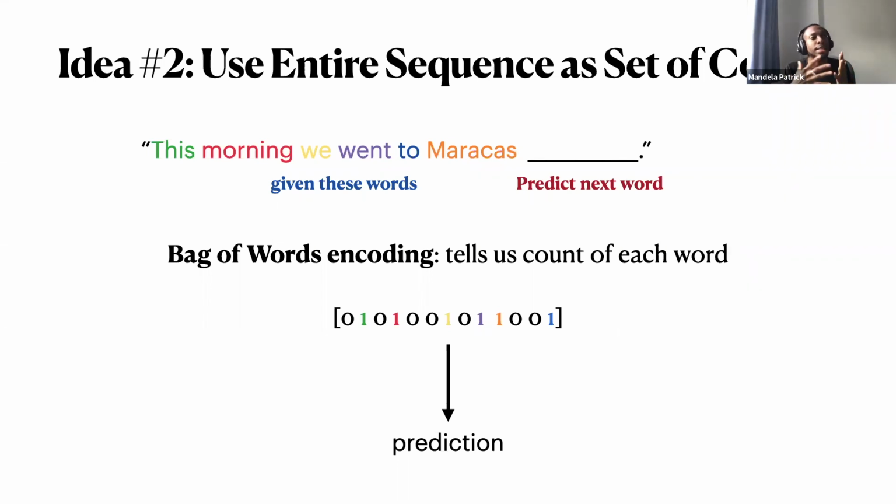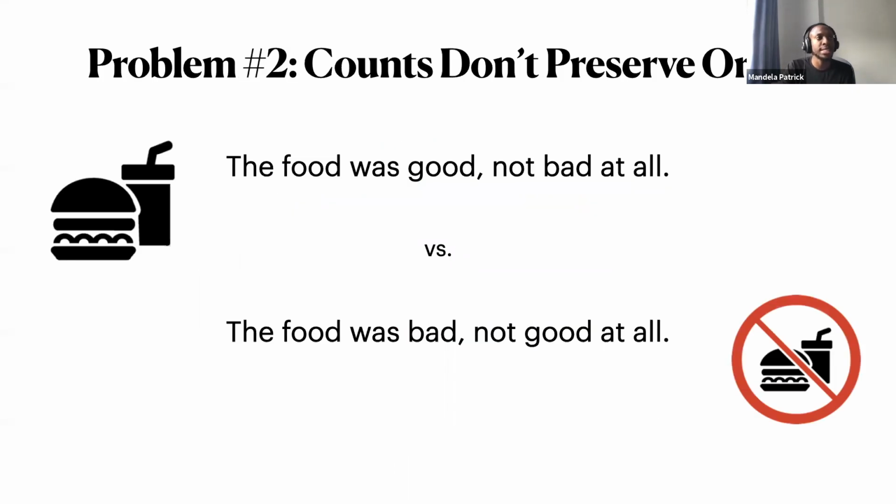And if the word I was mentioned 3 times, the count would be 3. This representation encodes the count of each word. But the problem is that it doesn't preserve order. Even for these 2 sentences, even though the counts of each word are exactly the same, the semantic meaning is obviously very different.